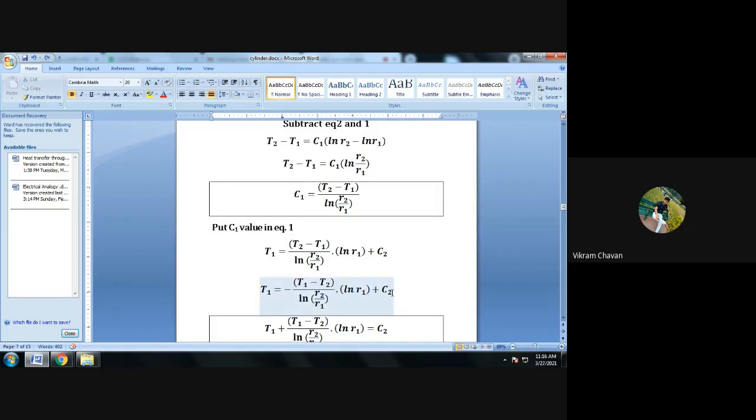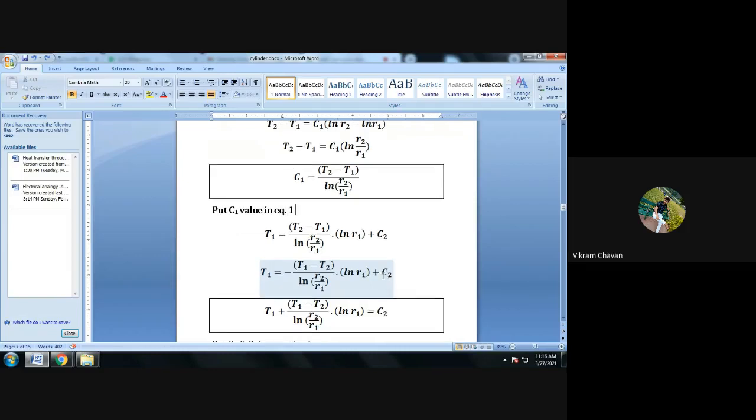Now we want to determine the value of C2, so we have to convert this equation into the form of C2. For that, we have to shift this term to the left-hand side.